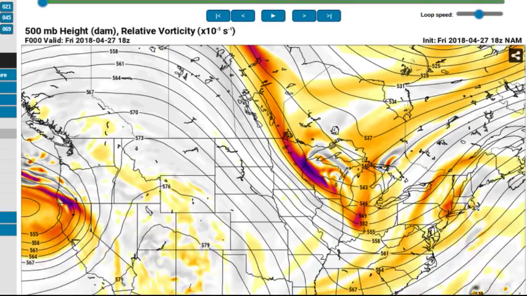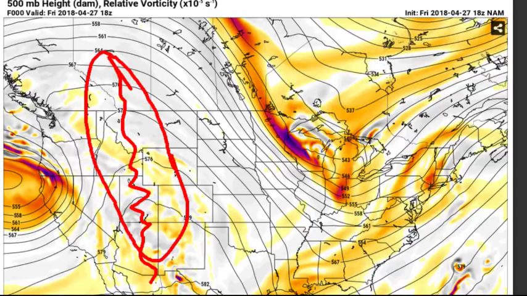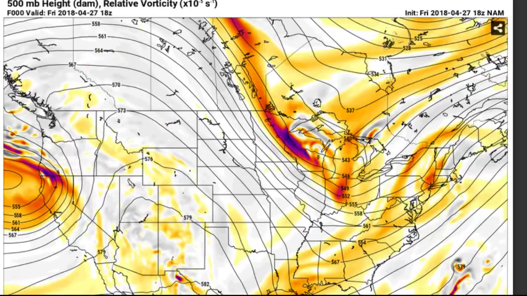For the medium term, let's look at the upper level chart. This is the NAM. And we can see that big ridge out over the Rockies, keeping things warm in that area. Let me see if I can bring up a temperature anomaly chart so we can visualize that. I don't think we have an anomaly product.